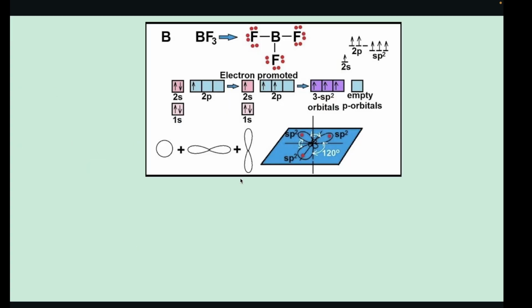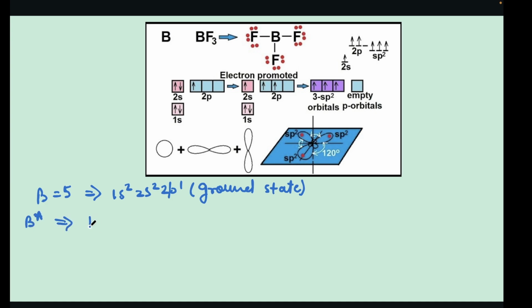Here I am giving an example of BF3, where boron has atomic number 5. So its electronic configuration is 1s2, 2s2, 2p1. It is the ground state, and on excitation, this is 1s, which has 2 electrons.